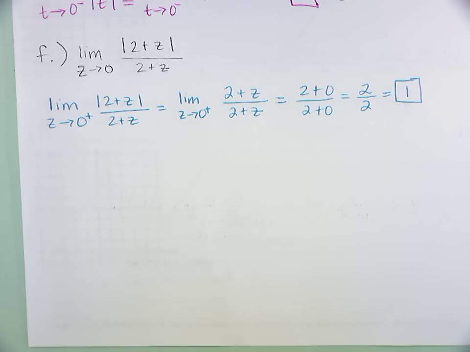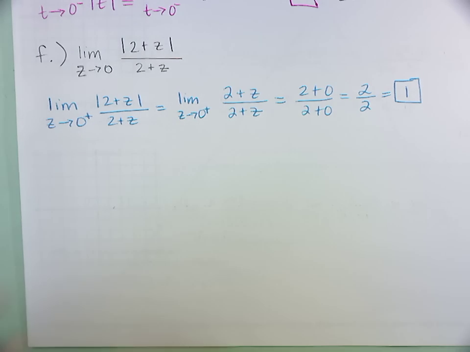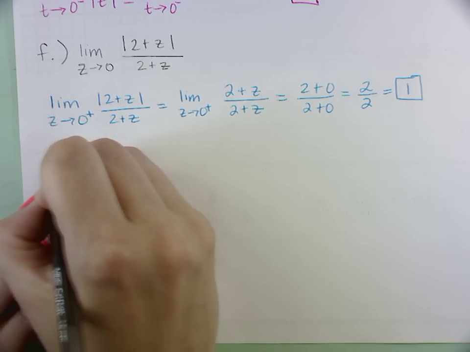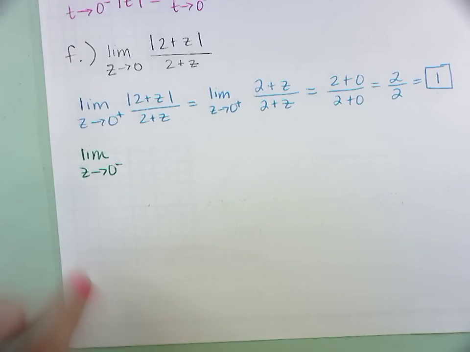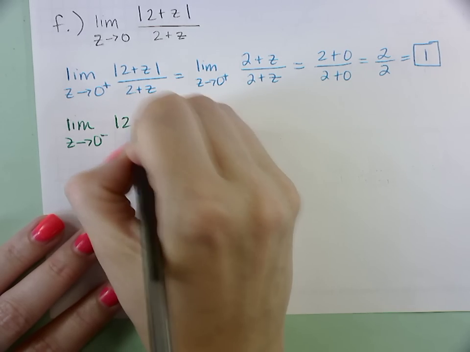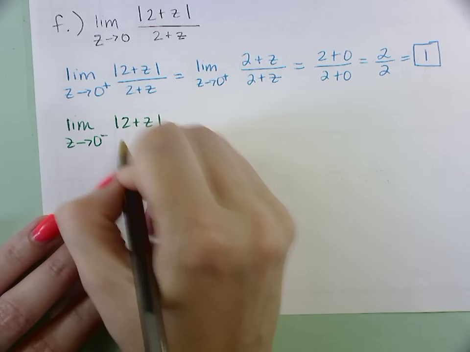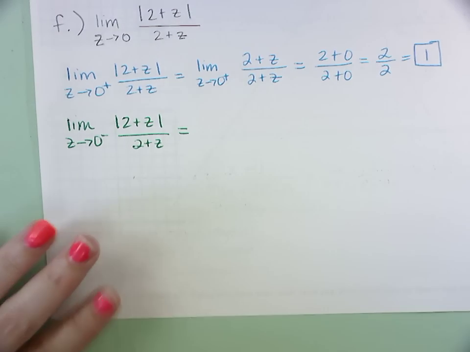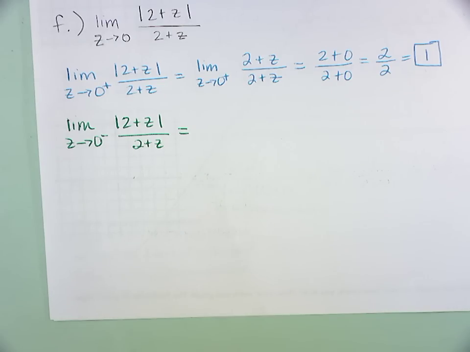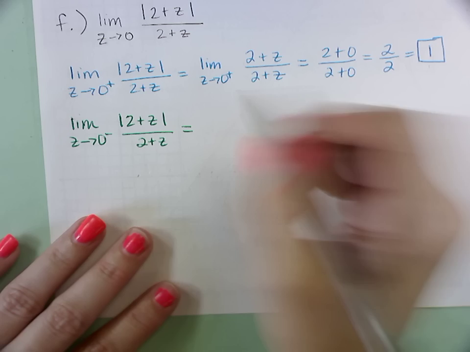Now we're going to do the left side. So the limit, as it comes from the left, what did we put in front of the t last time? Yeah, a negative value. This one's a little bit different because before we just had one term, now we have two terms. If you have two terms, you're just going to put the negative in front.